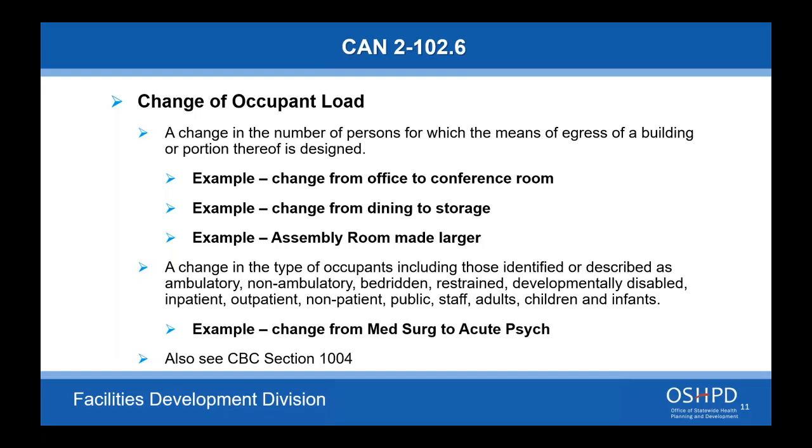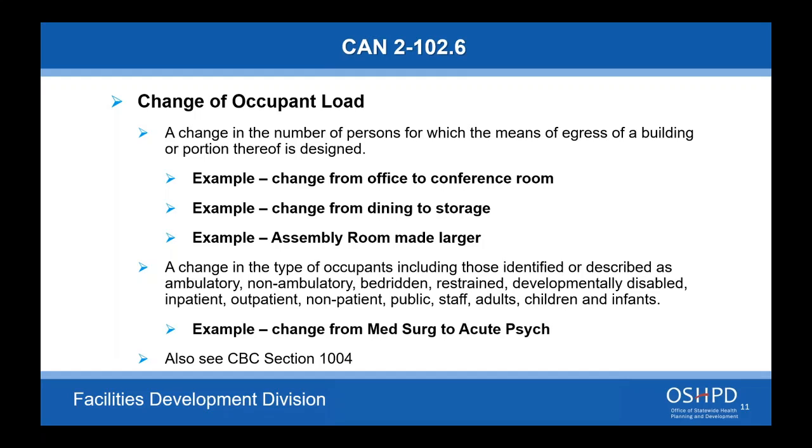Also, the type of occupants matters, okay? If you're changing the type of occupants, including ambulatory, non-ambulatory, bedridden, restrained, that's a big one, developmentally disabled, inpatient, outpatient, or to a non-patient use, public, staff, adults, children, infants, all those things need to be looked at and considered when you're changing the type of occupants.